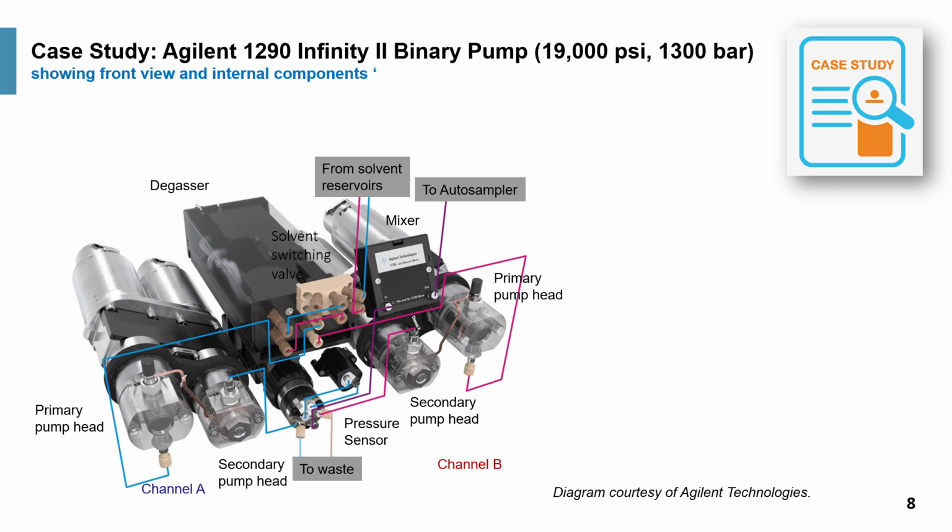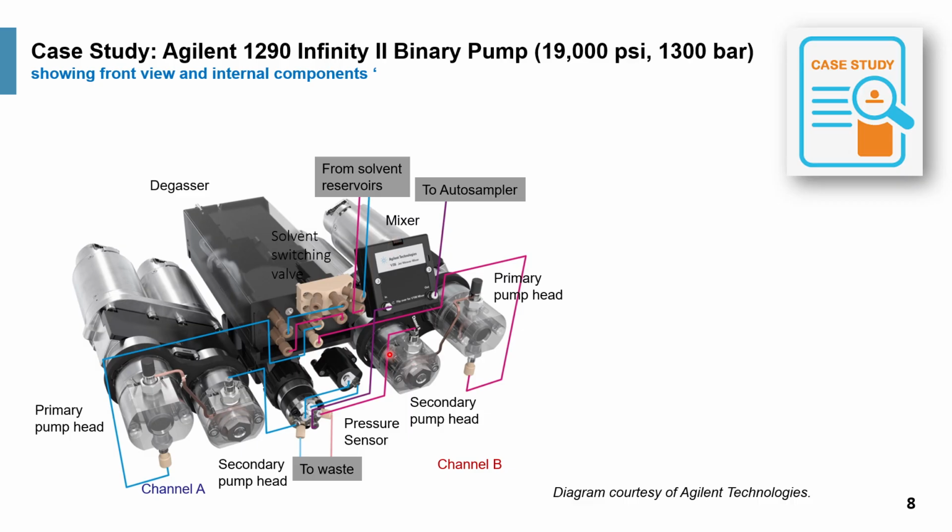We're using the 1290 Infinity II binary pump as an example, which supports flows up to 19,000 psi or 1,300 bars. We show the front view and some internal components here. Diagrams courtesy of Agilent Technologies. Shown here are 2 channels, the 2 separate pumps.